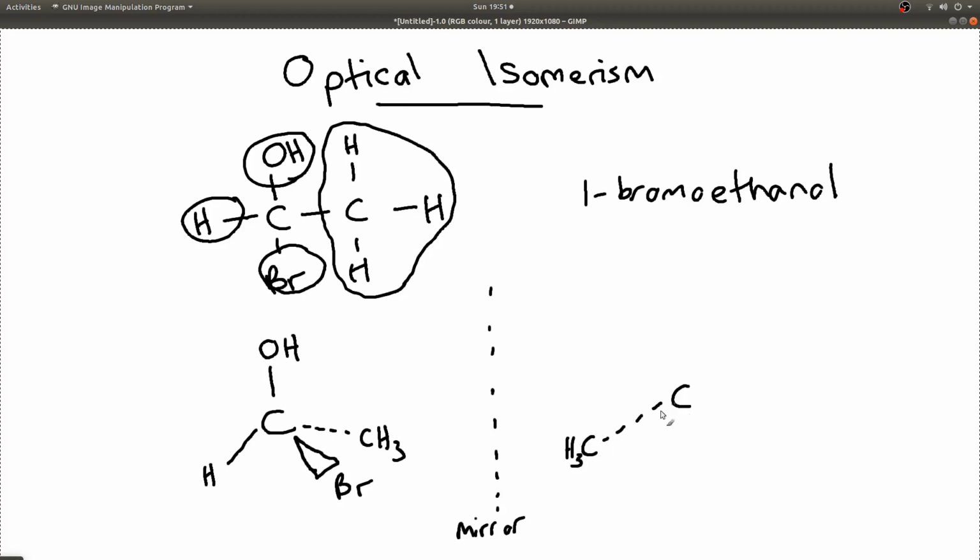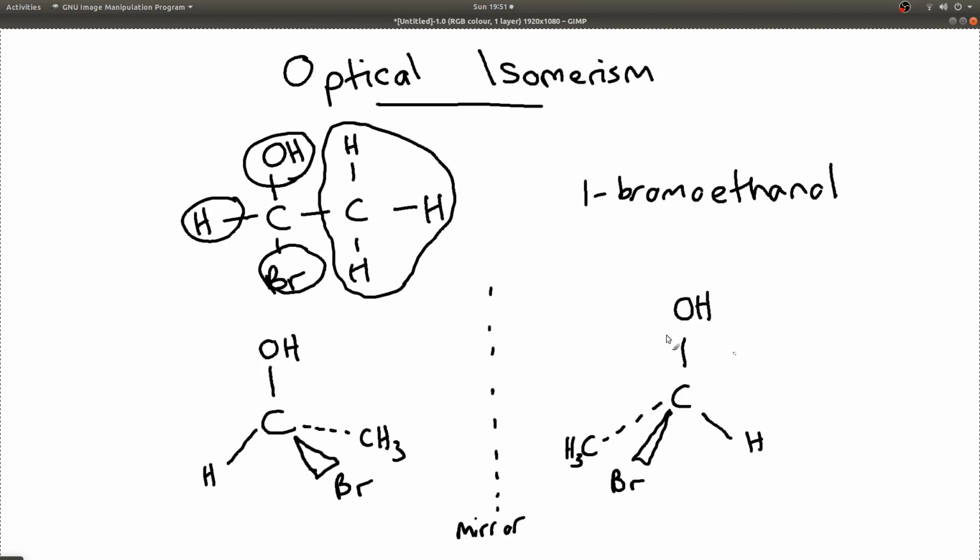Draw it that way around because it's the carbons that are connected and not the carbon to the hydrogen there. And then we've got the bromine. And we've got the hydrogen and the OH in the plane. So what we've got here is two non-superimposable mirror images.